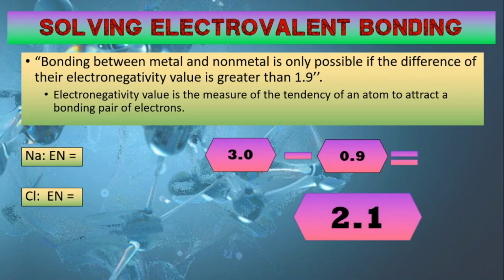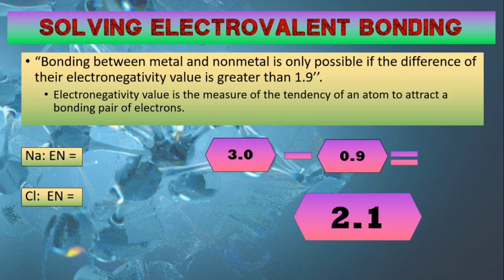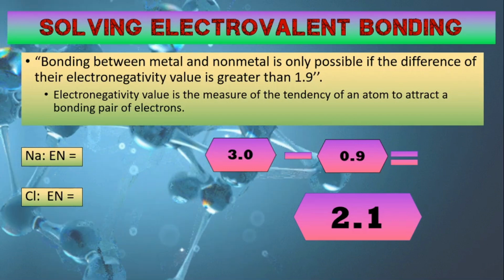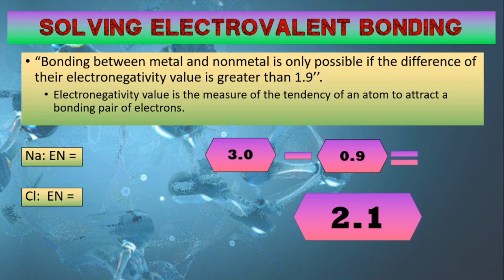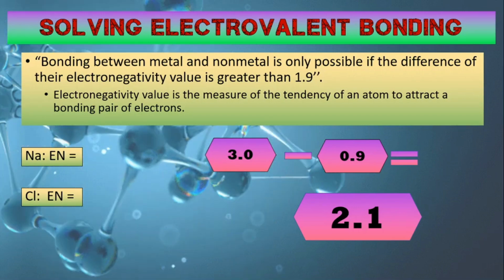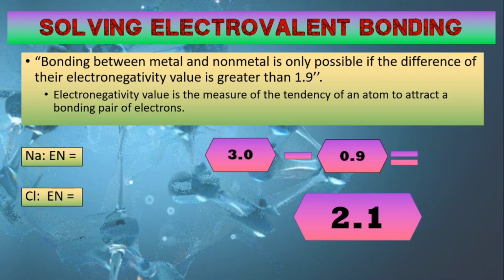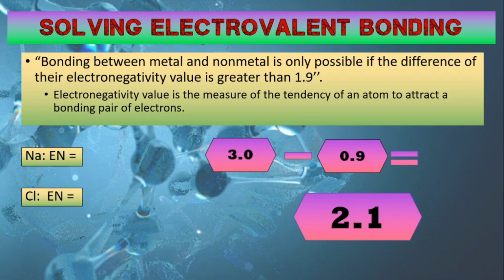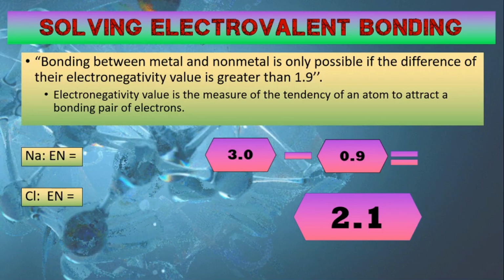Therefore, since the difference of their electronegativity is greater than 1.9, electrovalent bonding or the ionic bonding is possible.